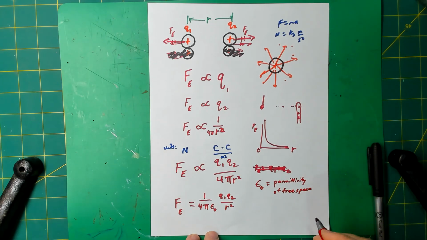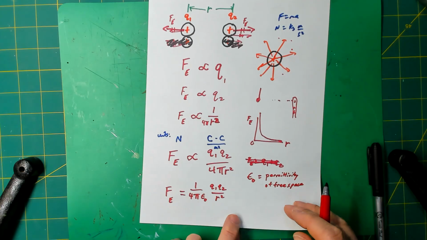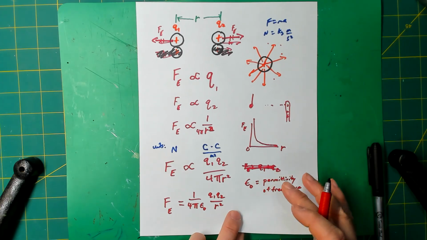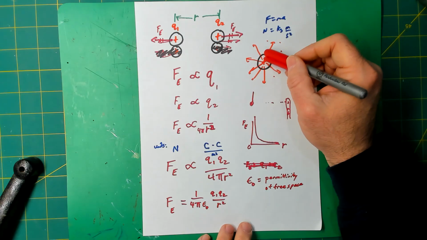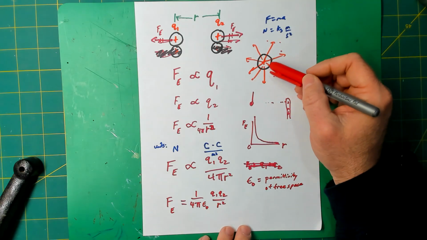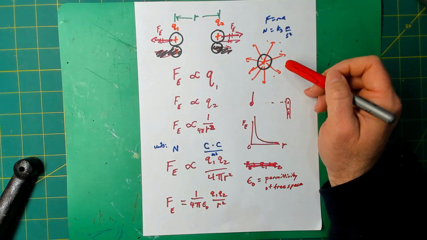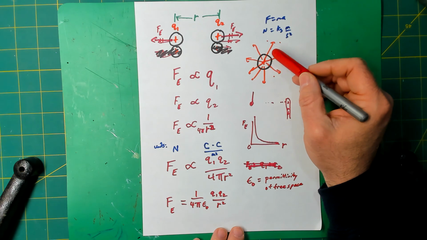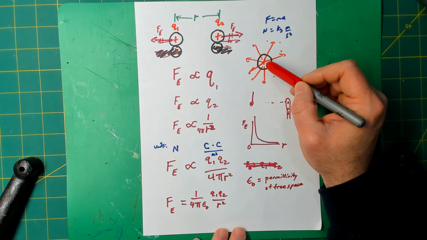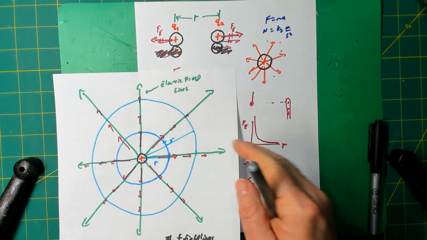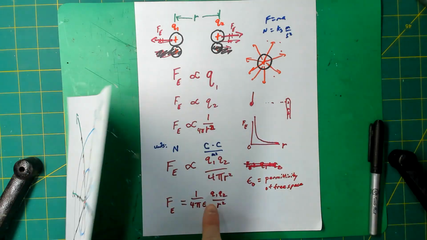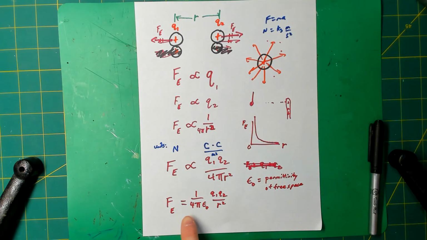What it really is, it tells you how many field lines a certain amount of charge will push out into space. It talks about how easily charge can make field lines on these special field diagrams. It's like a proportionality constant telling you how strong the field is for this much charge when you're this far away.